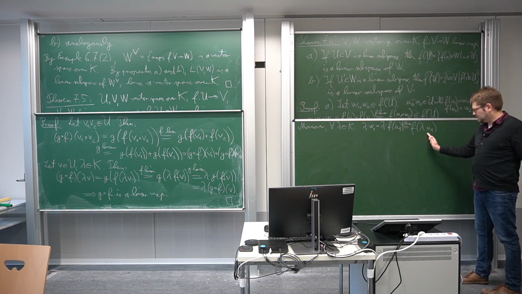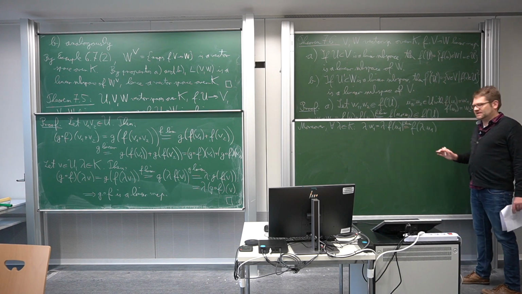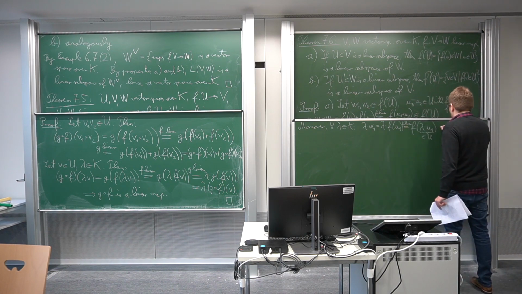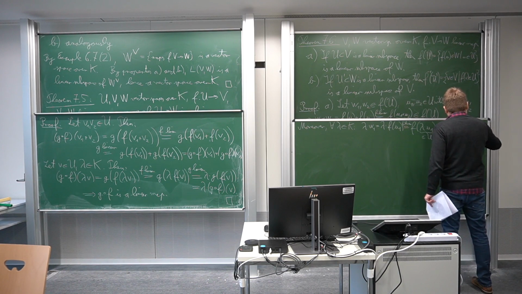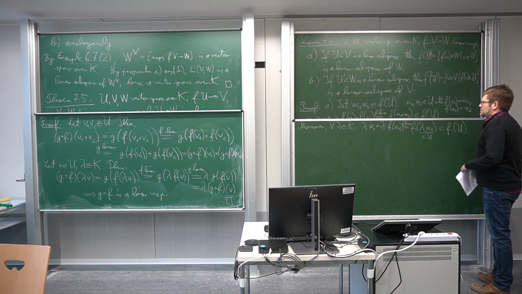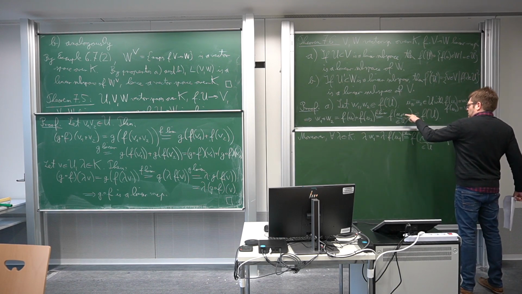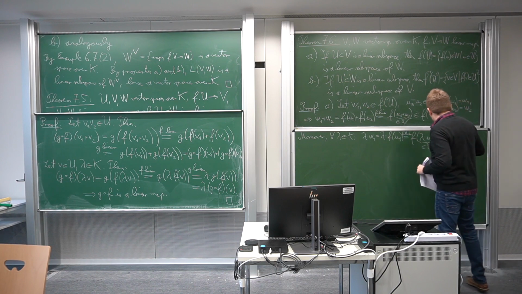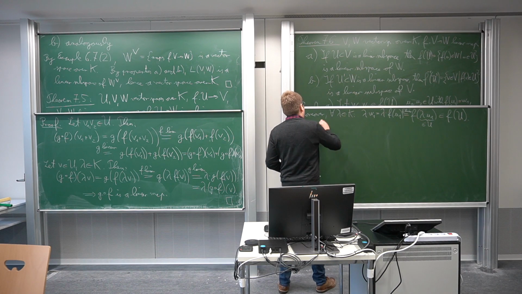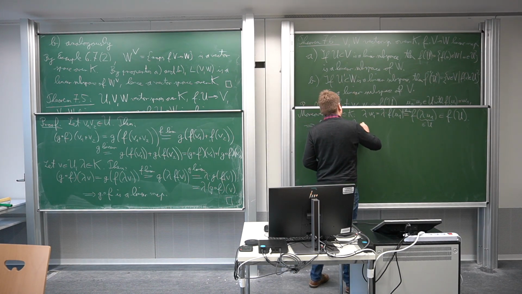But since u1 lies in U, this is a scalar multiple of u1, and U is a linear subspace. This again lies in U. So this is again in f of U, and this already shows the claim. Here we only needed the linearity of f explicitly and the linear subspace property of U at these two points, to show that they are again contained. So this shows f of U is a linear subspace of W.